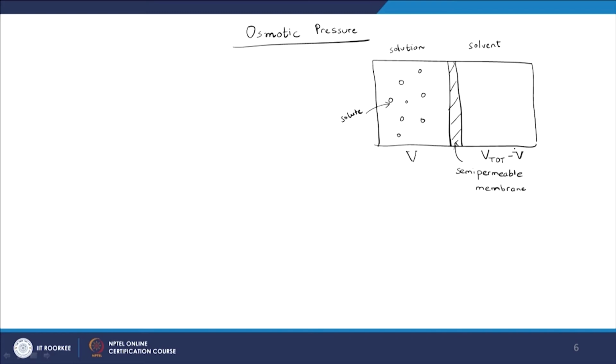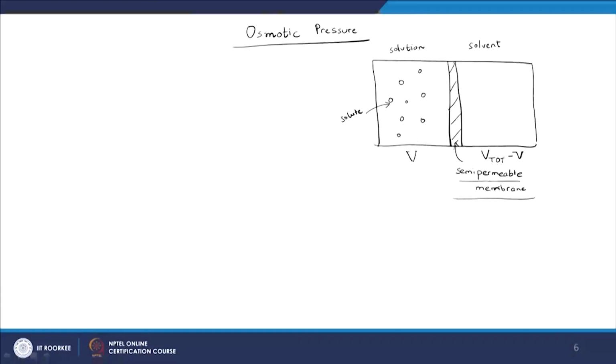And now, what is typically said is that the semi permeable membrane, first of all, does not allow solute to pass through, but allows solvent.